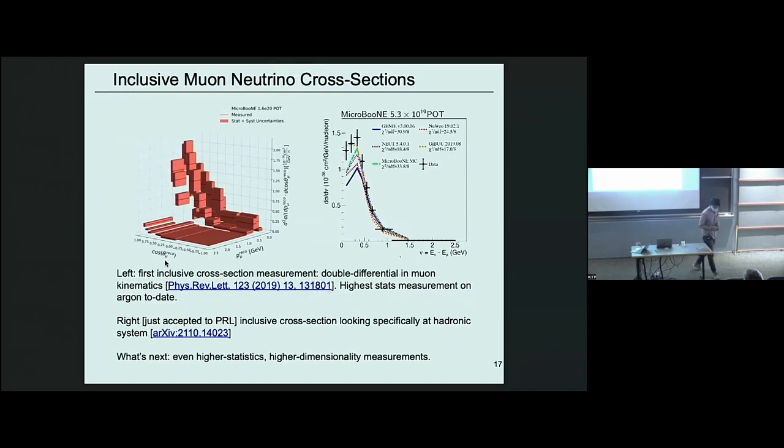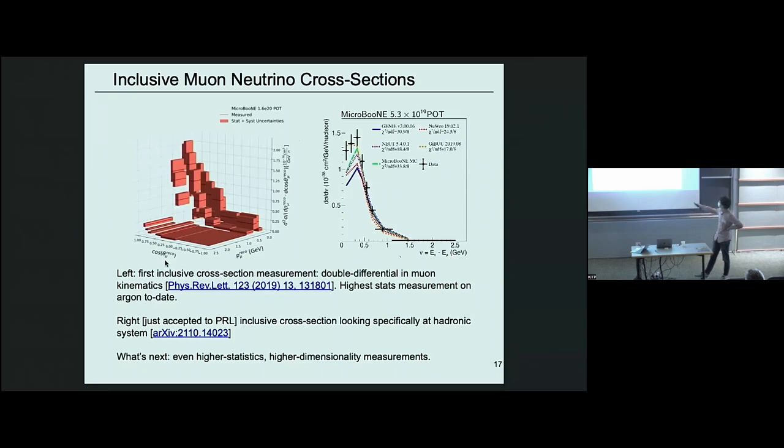So let's start with our inclusive measurements. I have here two of these results. On the left, I'm showing our first key high statistics cross-section measurement, which is a double differential inclusive cross-section measurement for charged current muon neutrino interactions in the lepton kinematics.